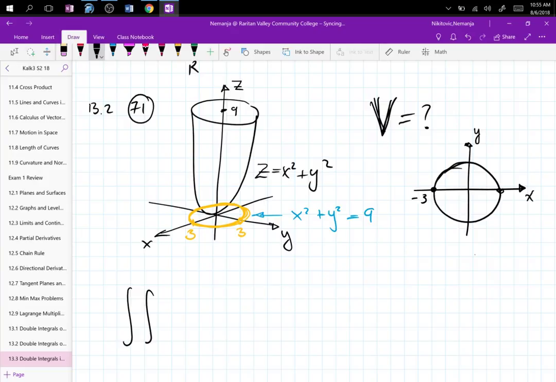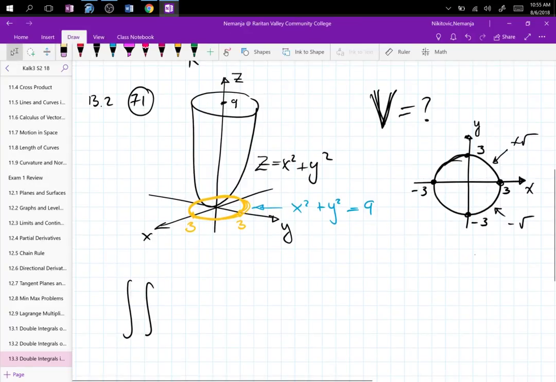So I see that we get -3 to 3 in all directions. I also know that the top one is the positive square root function and the bottom one is the negative square root function that was discussed last class. So now I get to pick whether I want dx or dy. Well, it's a circle, so it doesn't matter.